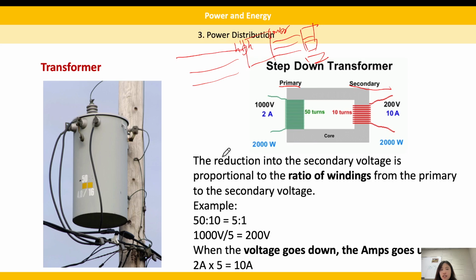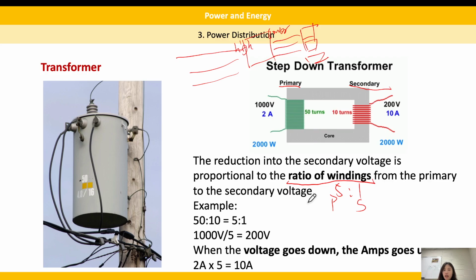So let's see. The reduction into the secondary voltage is proportional to the ratio of windings from the primary to the secondary. That ratio of windings we can find directly from the transformer's given information. For example, 50 to 10, or 5 to 1, from primary to secondary.